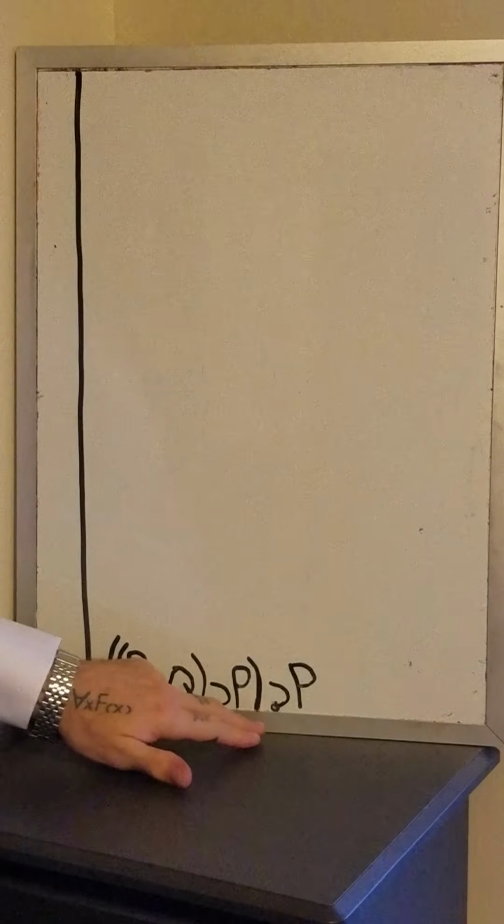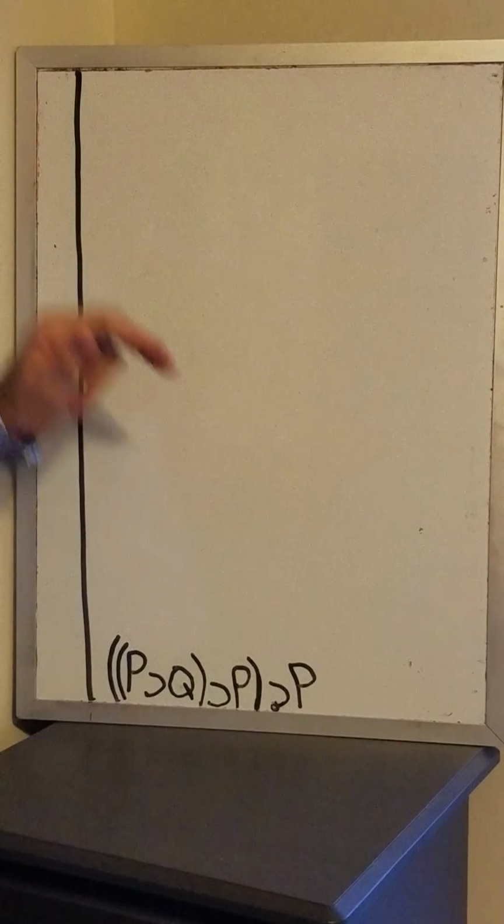Our main connective here is a conditional, all right? So whenever we're trying to prove a conditional, we start by assuming the antecedent of what it is we're trying to prove.